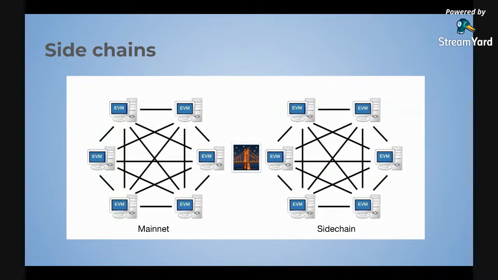Likewise, in this diagram, they both have the same number of nodes, but you could have a sidechain with maybe only 20 nodes. So the thing to note is it's a completely independent blockchain with its own parameters that are maximized for efficiency, often at a trade-off of security or decentralization, but they're Ethereum compatible independent chains.